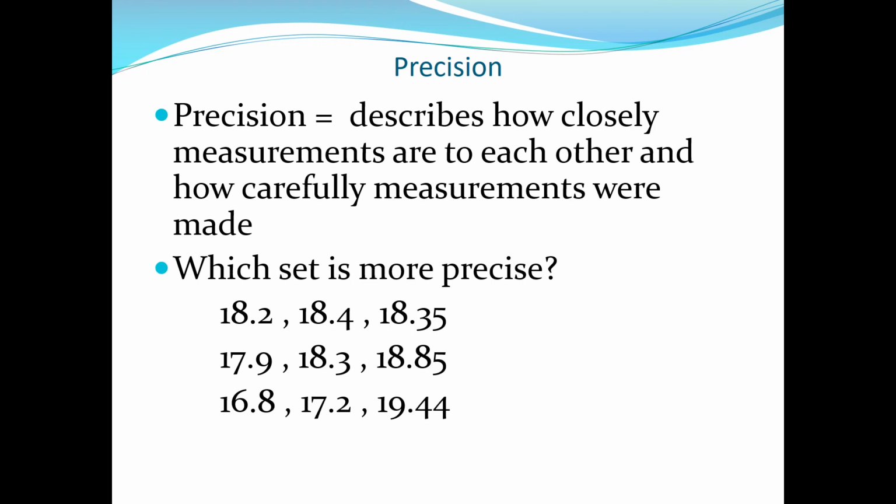In the second example, the smallest value was 17.9 and the biggest number is 18.85. That's almost a full number off. And then the last one is even worse, going from 16.8 to 19.44.